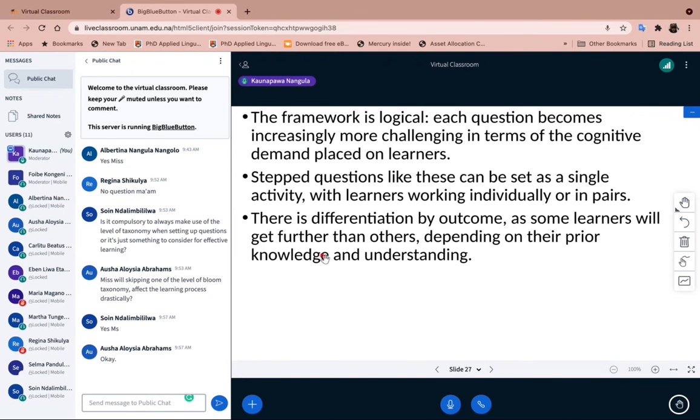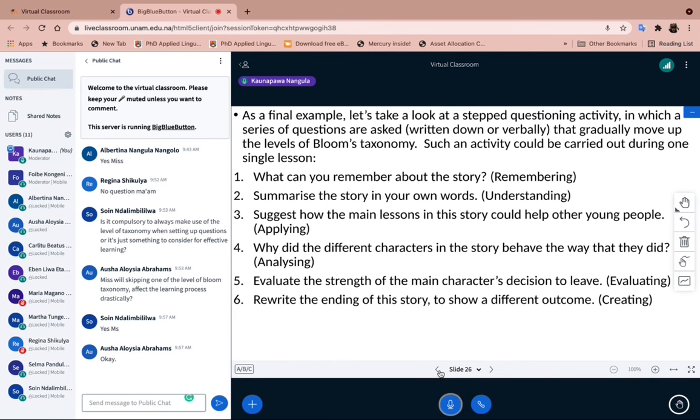So the framework is logical. Each question becomes increasingly more challenging in terms of the cognitive demand placed on the learners. Let's say you only did this very first question within your classroom as a warm-up: what do they remember about this story? And they said whatever they remember about the story. And then you jump to the sixth question, rewrite the ending of the story to show a different outcome.